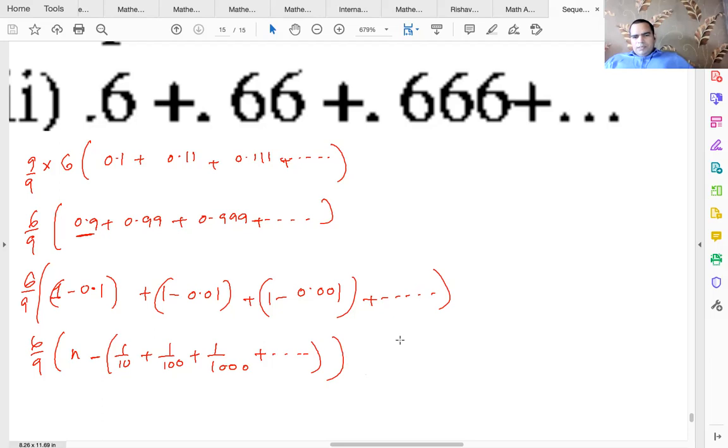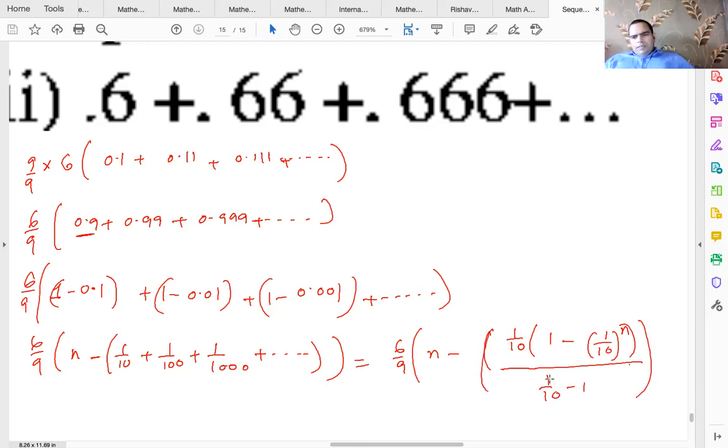So you can just do 6 over 9 times n minus, where u1 is 1 over 10. I can use the first formula for the sum of the first n terms, that's okay. So this will be 1 over 10 over 1 minus 1 over 10.